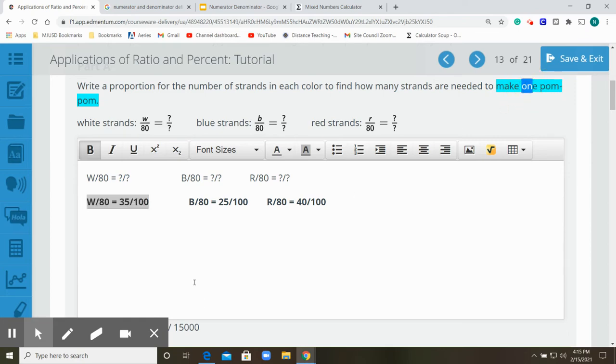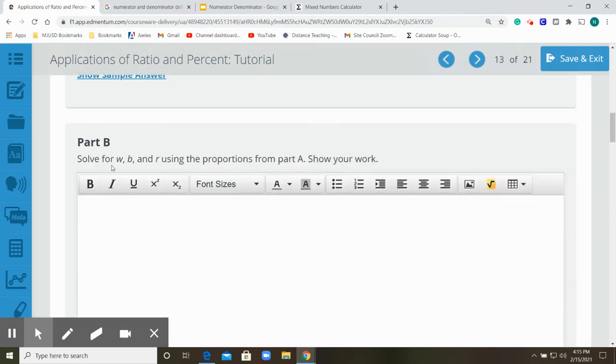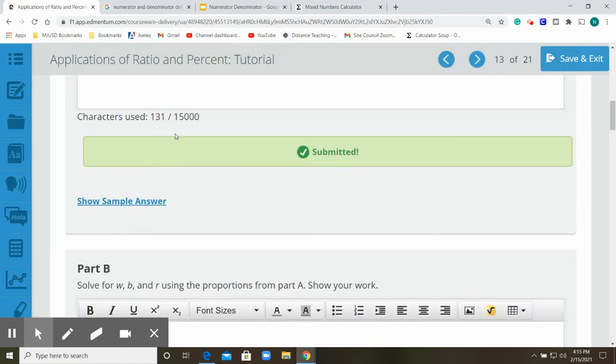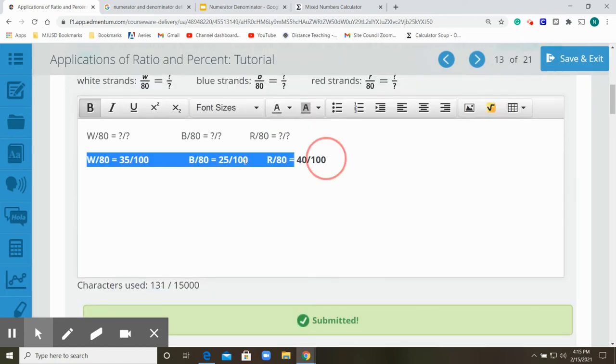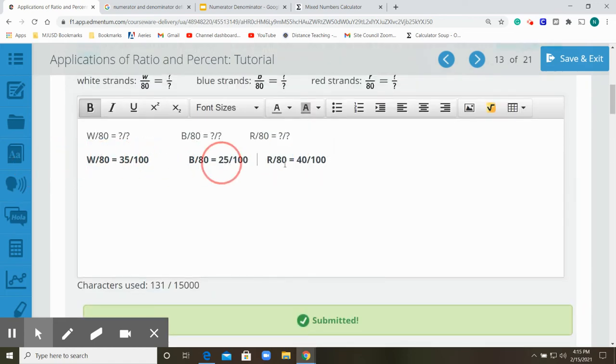Note to self, 1. Now solve for W, B, and R using the proportions from part A. Show your work. So now that we have these proportions here, we can now solve for it, taking one at a time and working it through.